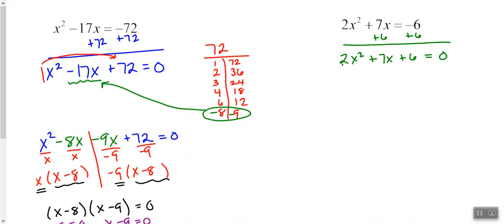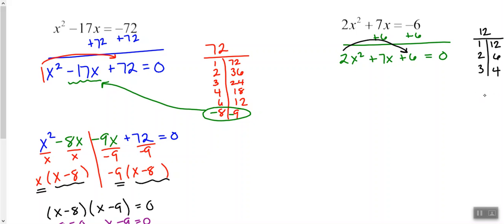I'm going to look for a GCF. In this case, I don't have a GCF. I cannot group, so I have to play the game. So I do have a number in front, so I'm going to go 2 times 6, which gives me 12. And then if I make my list, I have 1 and 12, 2 times 6, 3 times 4.